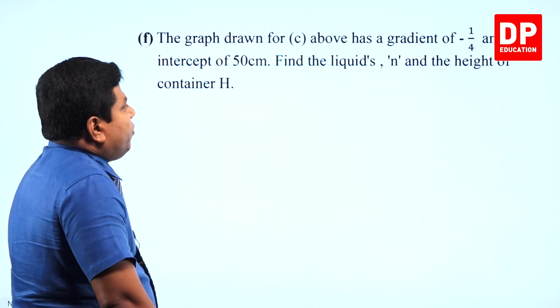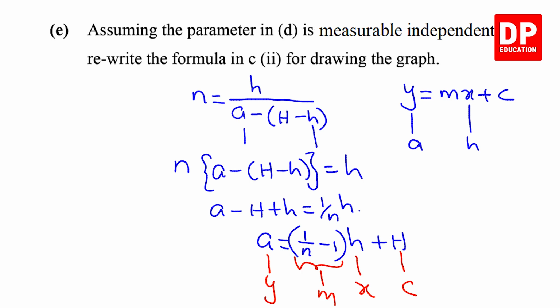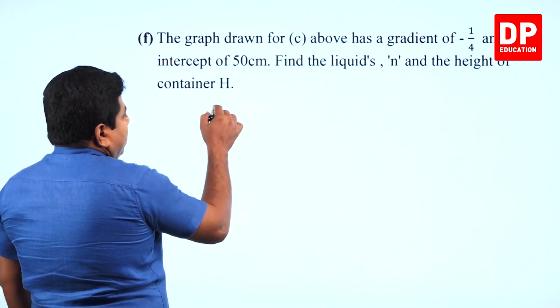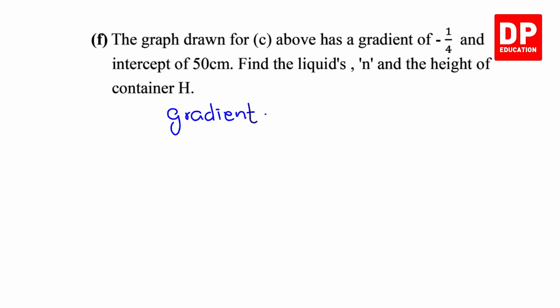The graph drawn for C above has a gradient of minus 1 by 4 and intercept of 50 centimeter. Find the liquid's N and the height of container H. Once you have got the graph, the gradient is 1 over N minus 1.